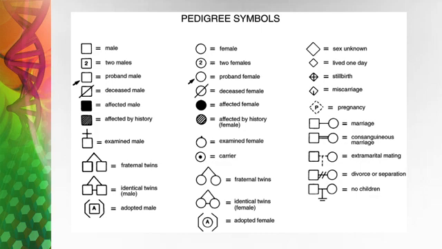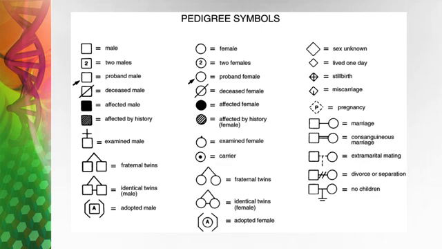The Roman numeral I is used to indicate the first generation, II for the children of the first generation and III for the grandchildren. The affected individual of the family is called the proband or propositus.